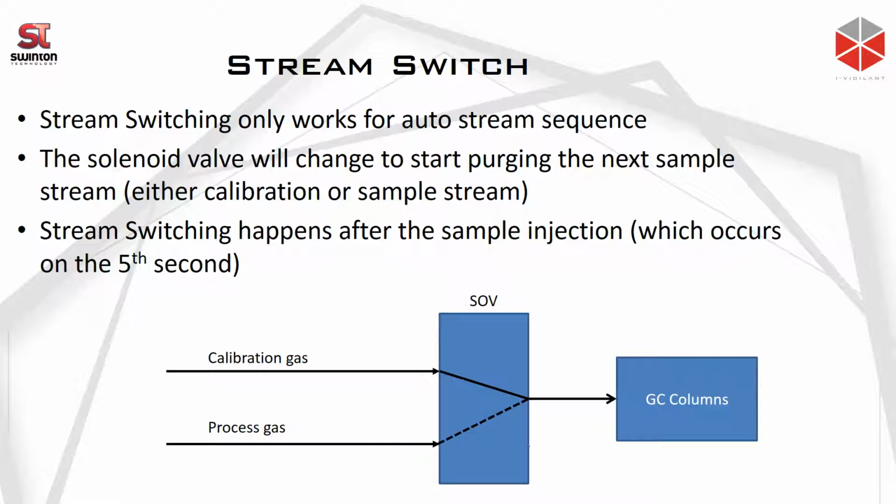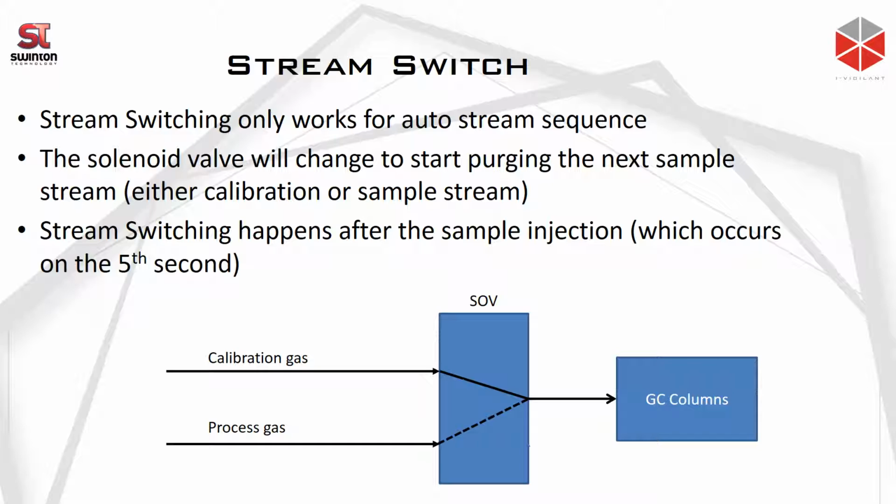So what happens here, the solenoid valve will change to start purging the next sample stream. It's either calibration gas or a sample stream. So if it's currently in the calibration gas and the next cycle will be back to the process gas cycle, then it will switch to the process gas stream.